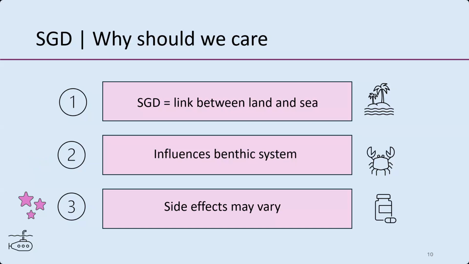So studies in Japan have found that groundwater discharge increases primary productivity and helps a lot with local aquaculture. Some other studies somewhere else in the world, I can't remember where, have found dead zones linked to this groundwater discharge, as well as a decrease in benthic diversity and coral bleaching. So you really don't know what you're going to get with this phenomenon.